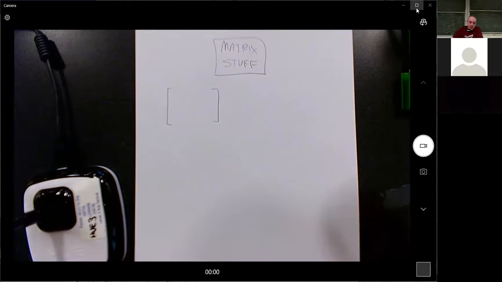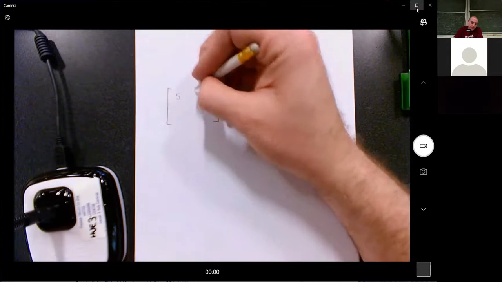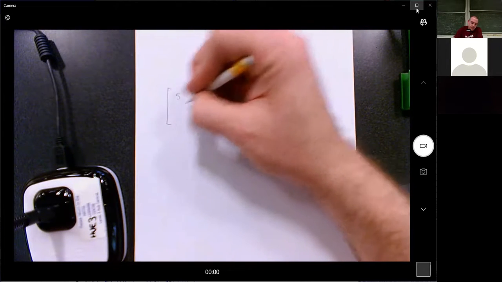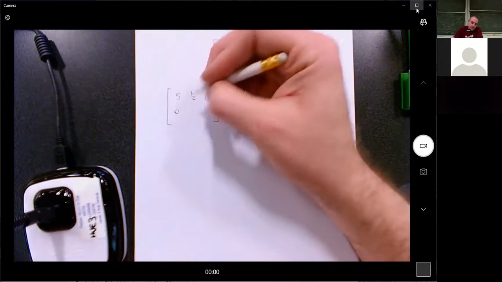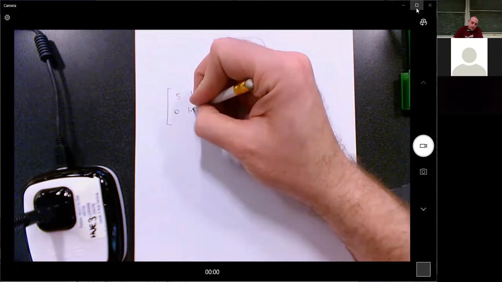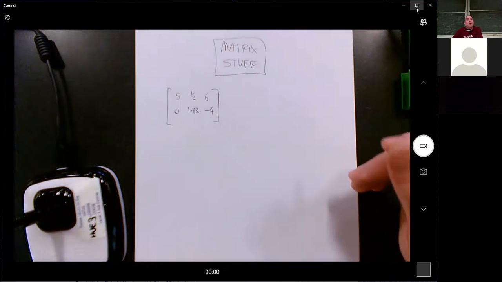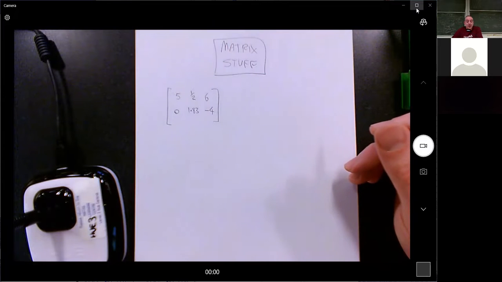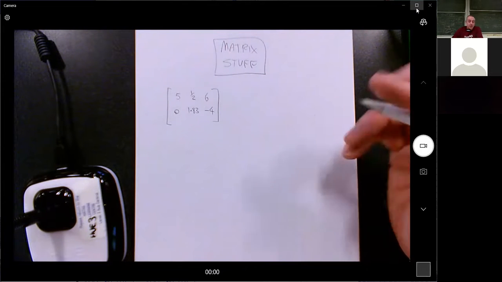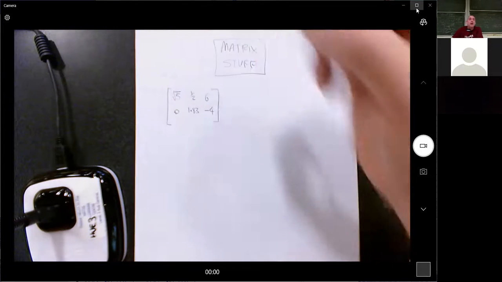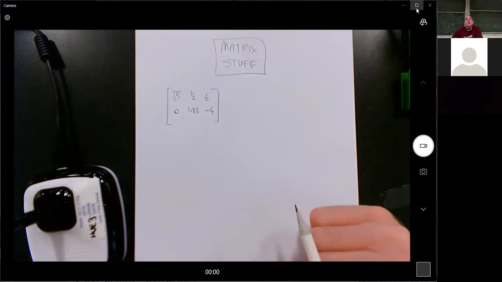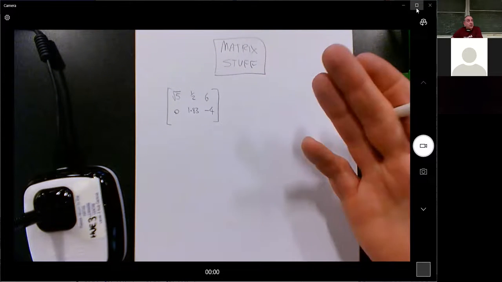So our matrices can have any numbers in them at all. Technically, you could even have irrational numbers. There's nothing stopping it. Having a root 5 in there is a perfectly good matrix. And it's a rectangle.